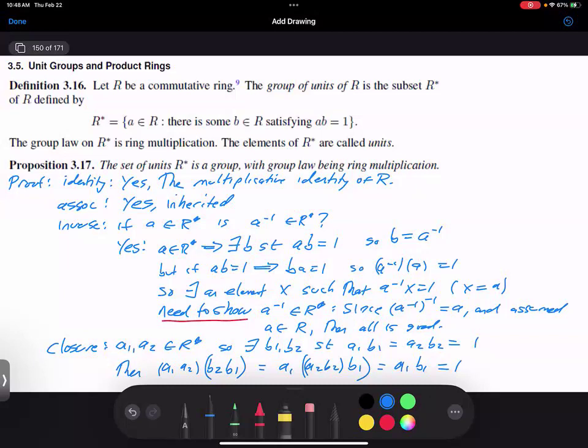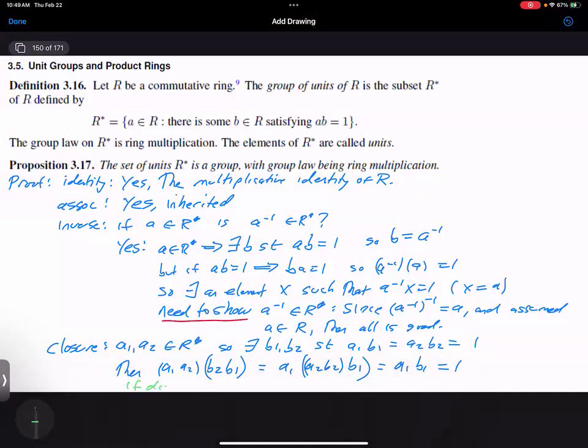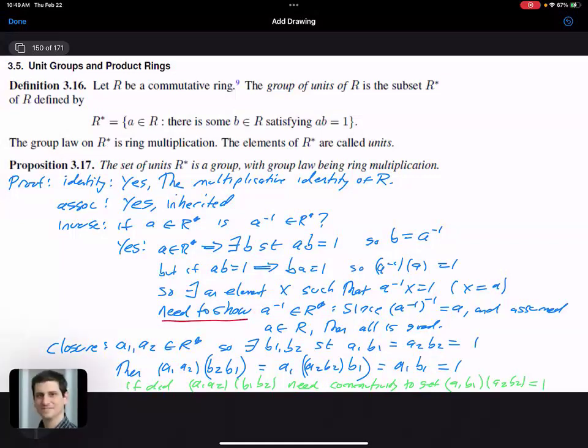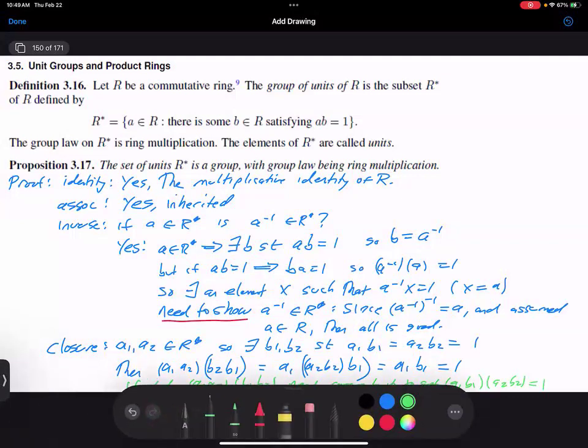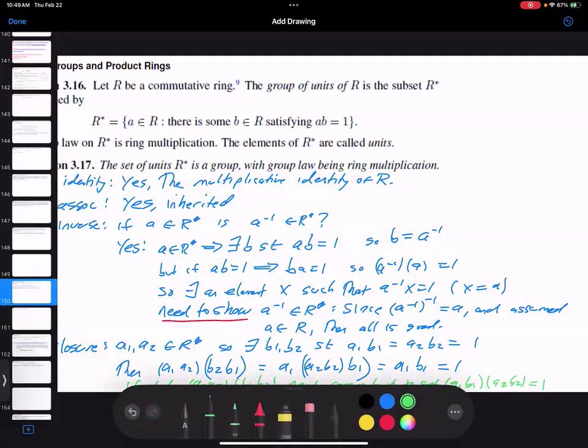If we had done the more standard A1, A2 times B1, B2, then you need commutativity to get A1 B1 A2 B2 equals 1. But because you gave me B2, B1, things cancel very nicely, and we may not need commutativity. So again, it's always worth thinking about what you truly need versus what is convenient.